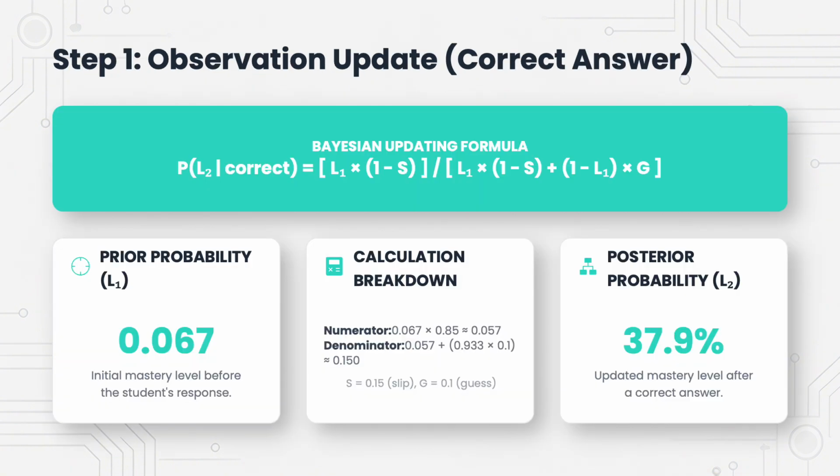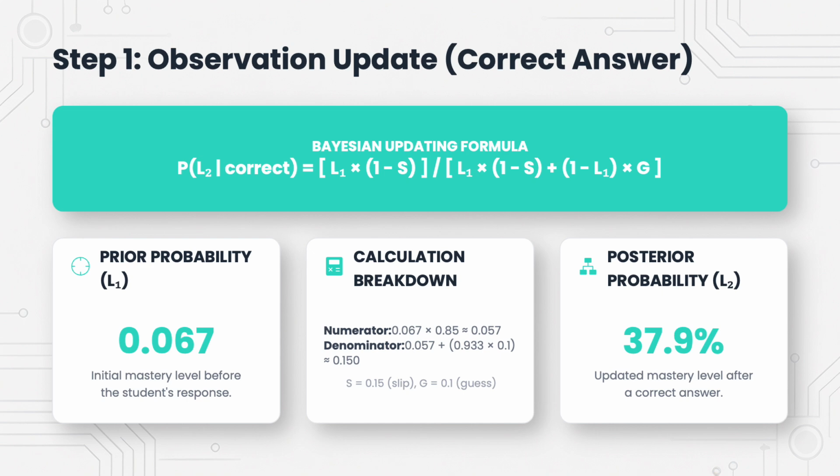Now for the learning update. Since he got it right, we assume he had a chance to learn. The formula adds the probability of learning to the current mastery. We take the 37.9% and add to it the chance he didn't know it, 62.1%, multiplied by the learning probability, 20%.